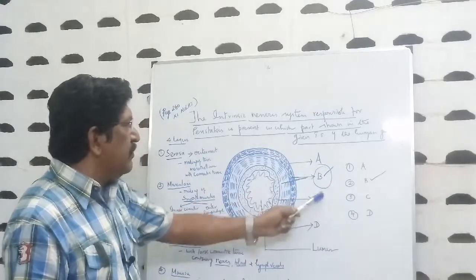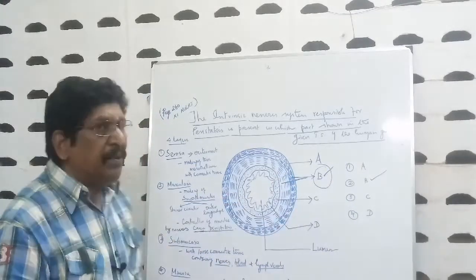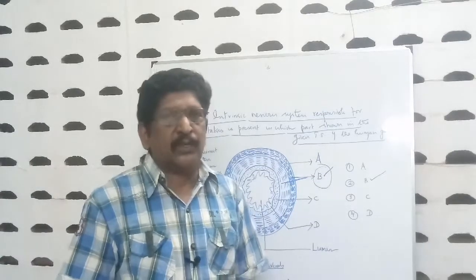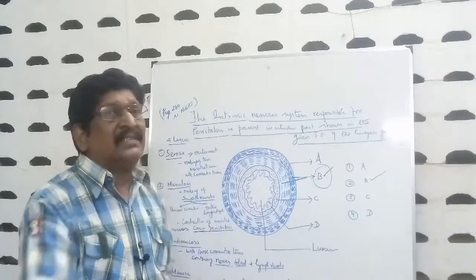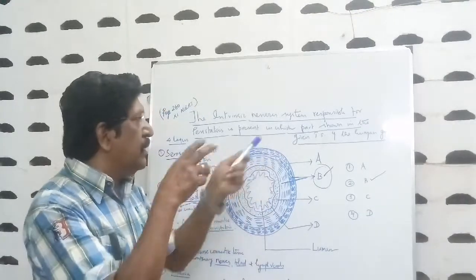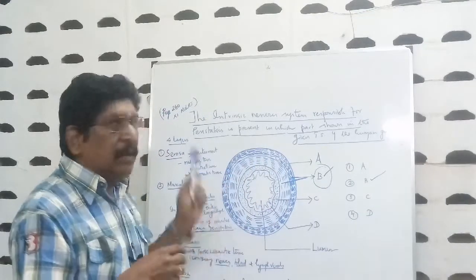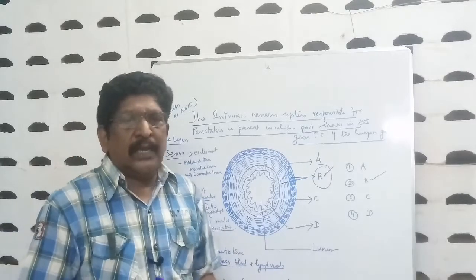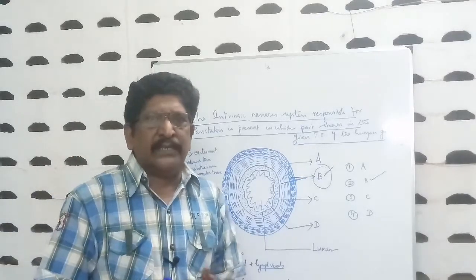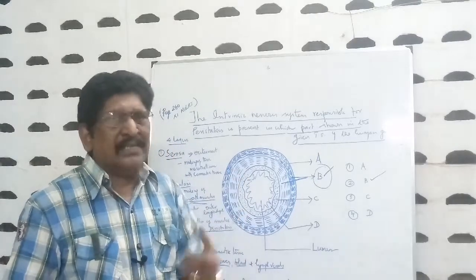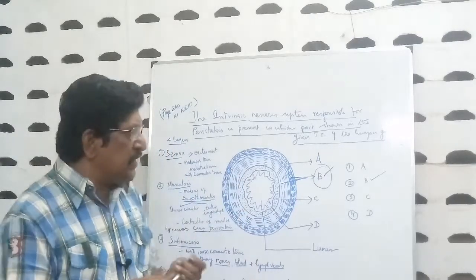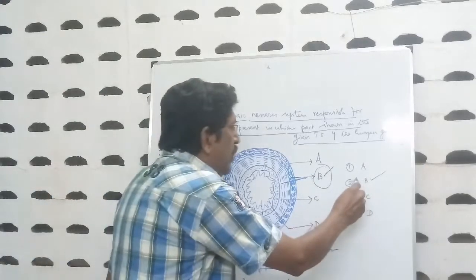So which layer is responsible for peristalsis? That's the question. The intrinsic nervous system responsible for peristalsis is present in which layer of this diagram? You can use your common sense that this peristaltic movement is done by the muscles actually. So definitely that should be the layer of muscularis.